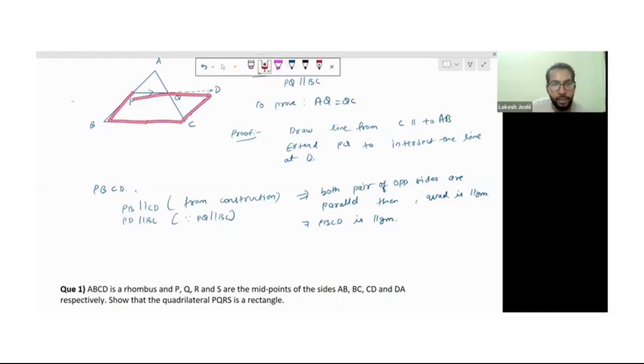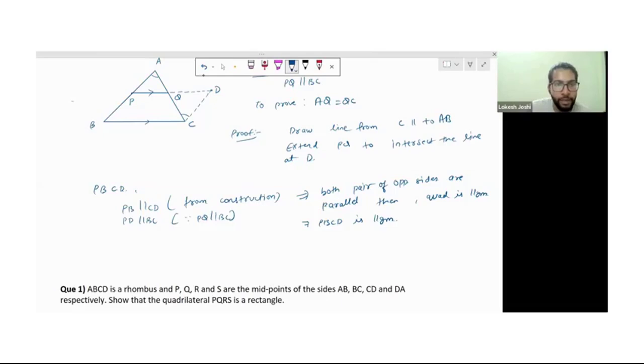Okay, now look into the quadrilateral PBCD. As PD is parallel to BC and AQ is the transversal, or we can say if these two lines AB and CD are parallel and AC is the transversal, then this angle will be equal to this angle. Is it clear?